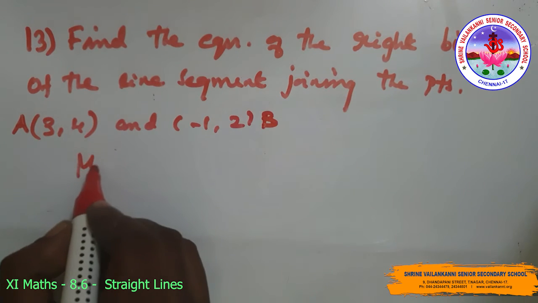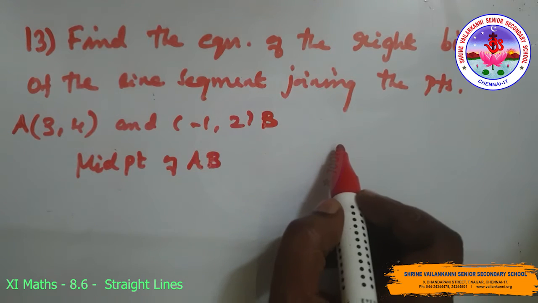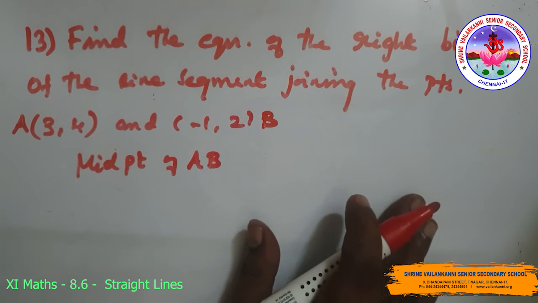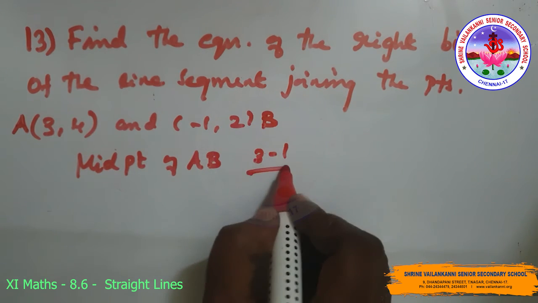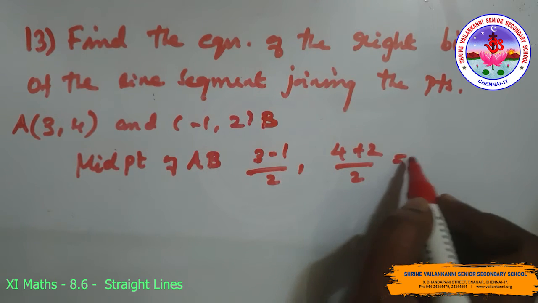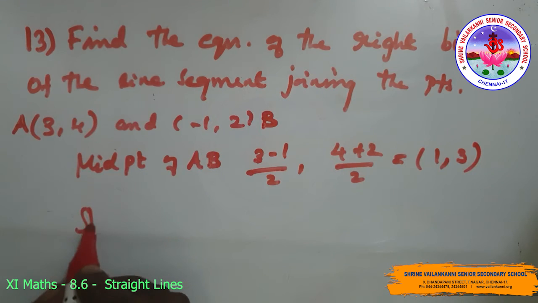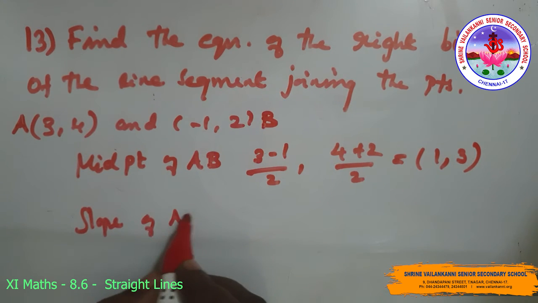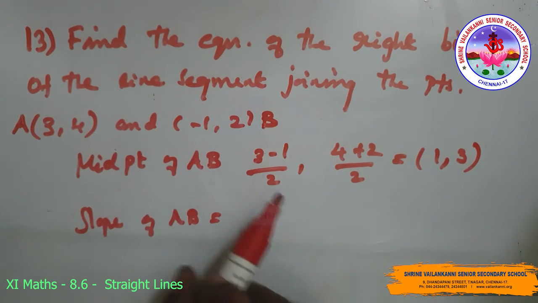First we'll find the midpoint of AB, using x1 plus x2 by 2 and y1 plus y2 by 2. So 3 minus 1 by 2 and 4 plus 2 by 2, which is 1 comma 3. Then the slope of AB, using the 2-point form, y2 minus y1 by x2 minus x1.